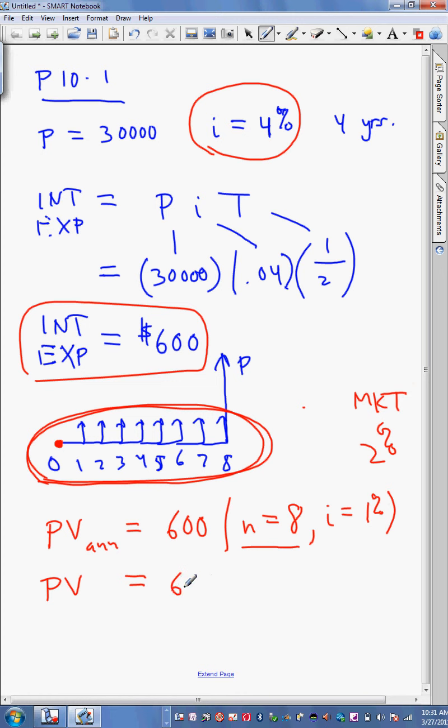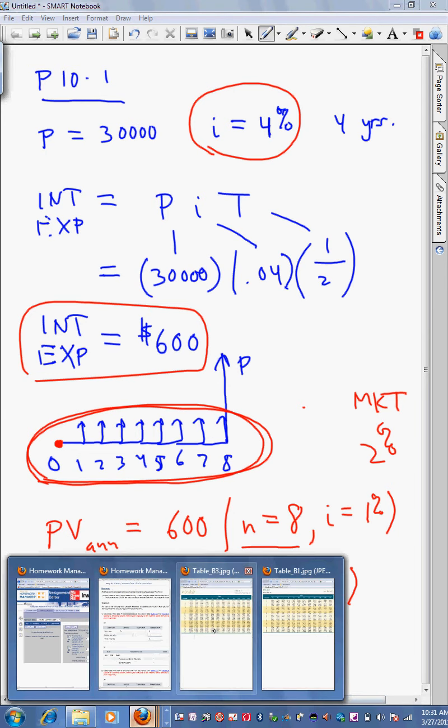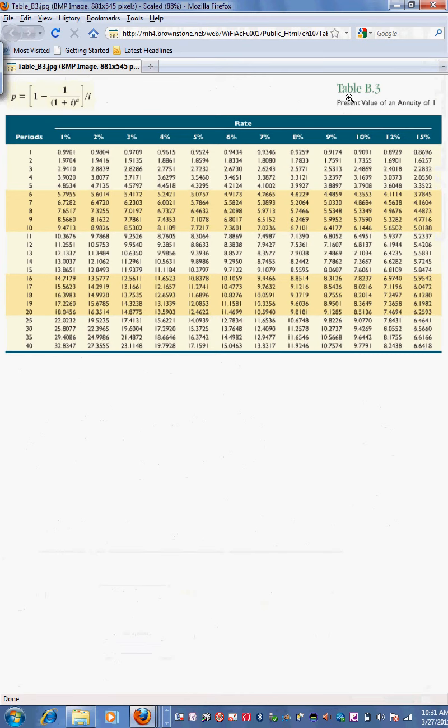So this is going to be 600 times some factor from the table, some decimal number. Okay, well, what does that look like? Let's go to the table here. Okay, it's table B3, present value of an annuity up here. Okay, and so at row 8 of 8 periods, 1% looks like 7.6517.